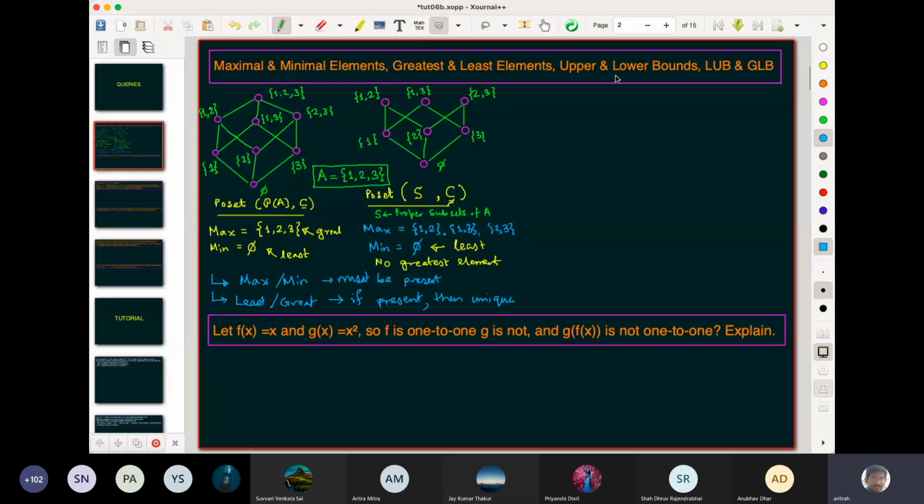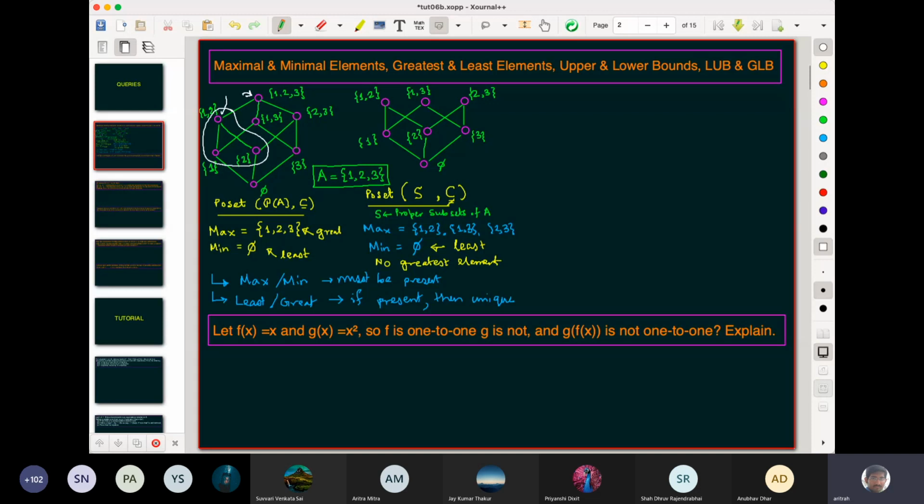Good. Now just to complete, upper bounds and lower bounds. Since we are calling maximal and minimal, all these elements are over the whole poset. Now when we go for upper bound and lower bound cases, we take a subset of it. Let's say this particular subset, what is the upper bound and the lower bound of it? You can see that this element is an upper bound.